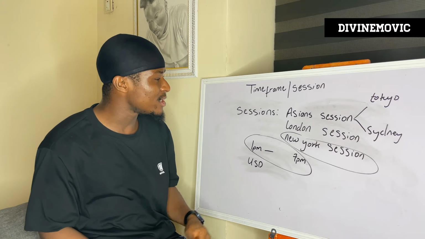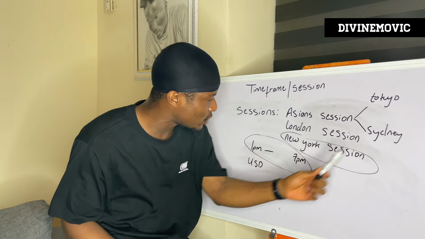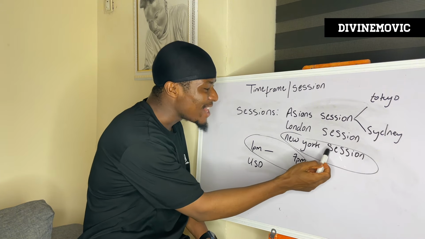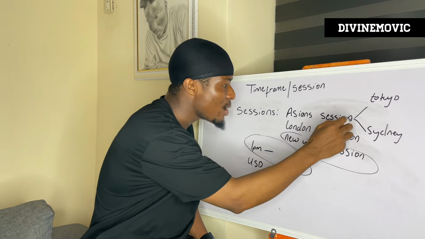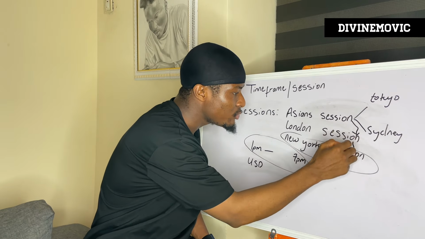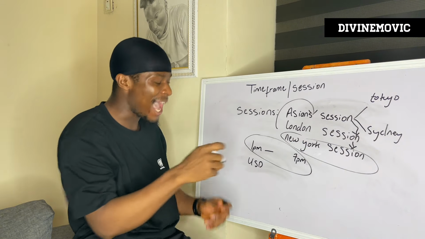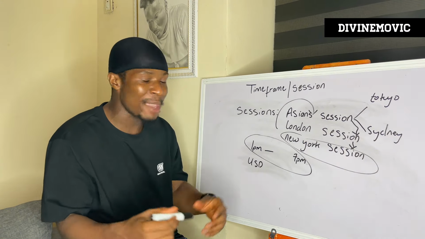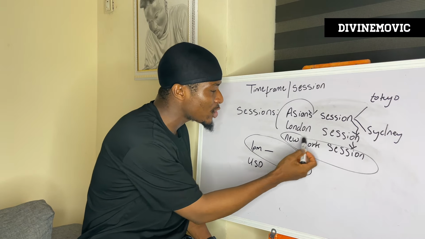Now, to summarize all these things, each session will always give birth to the next: Asian gives birth to the London session, and London gives birth to the New York session. New York gives birth to the Asian, so it's a cycle. This one moves to this one, moves to this one, and this one moves back to this one. And mind you, some sessions can be open at the same time. For instance, the London session and New York session are overlapping.